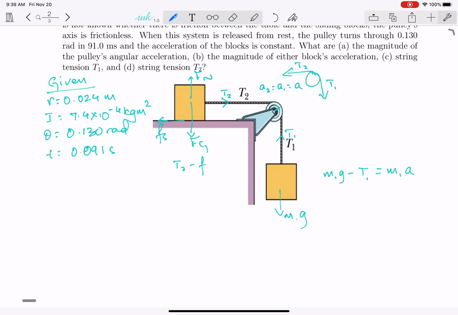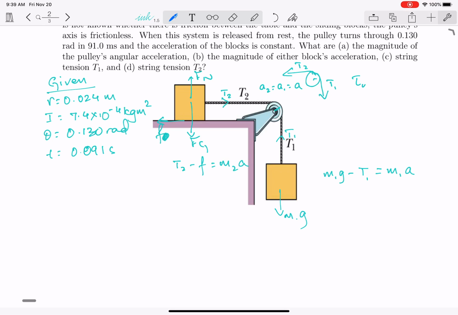So we are talking about acceleration, so we are just worried about friction here. Let's not generalize friction. So friction kinetic in this case, T2 minus friction equals M2 A. All right, so now let's find alpha. In this case, this is the radius.